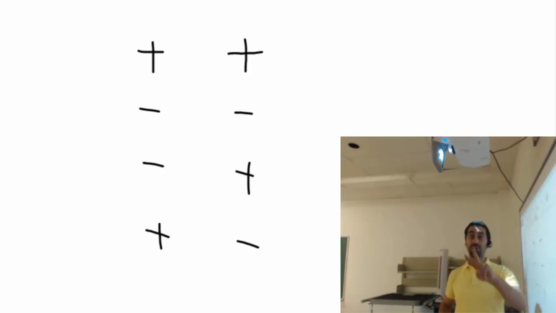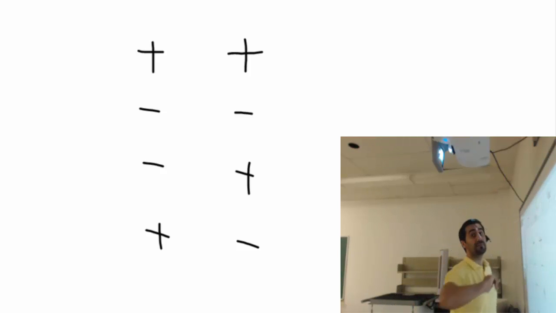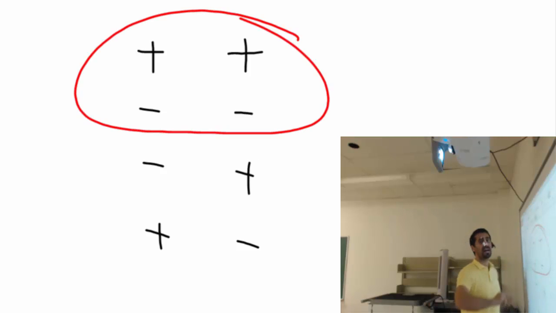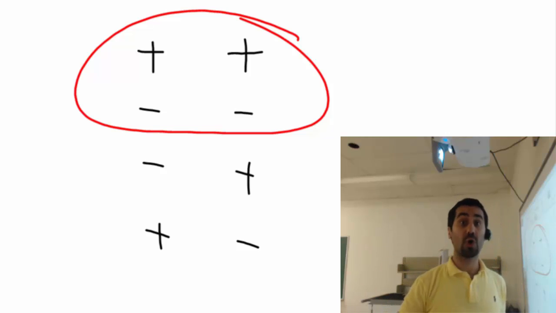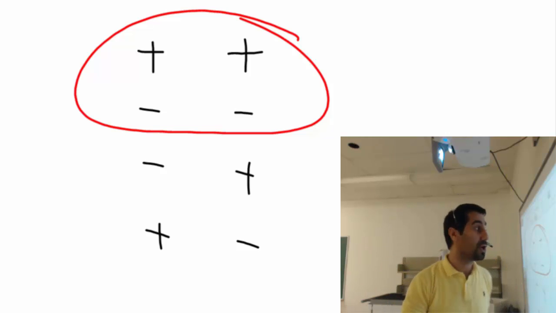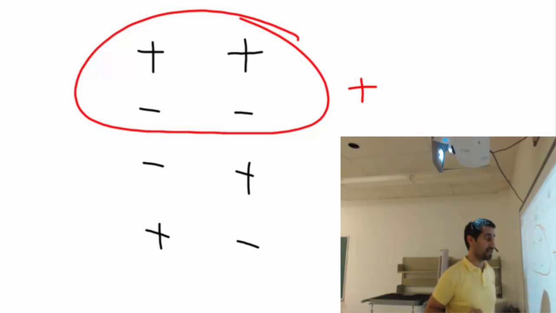There are two ways to deal with this. Number one, the most common one: when you have two same signs, it doesn't matter whether we are dealing with two negative signs or two positive signs, at the end, the product will be a positive sign.